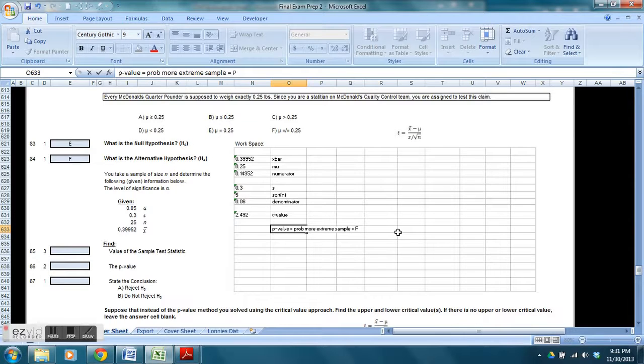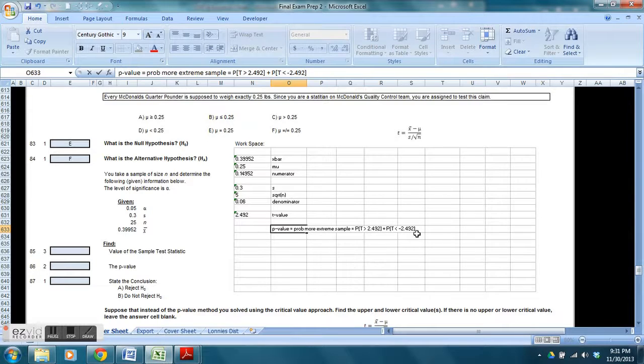So the probability of a more extreme sample is equal to the probability that our t would be greater than 2.492, plus the probability that t would be less than negative 2.492.